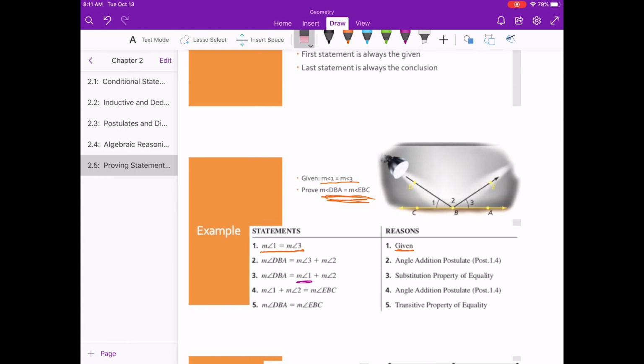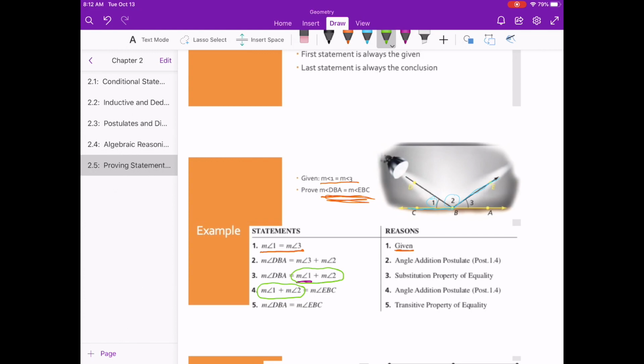We also know that the measure of angle EBC, this big one here, is equal to the sum of the two smaller angles by the angle addition postulate again. And notice what we have here: the measure of angle 1 plus the measure of angle 2, and the measure of angle 1 plus the measure of angle 2.